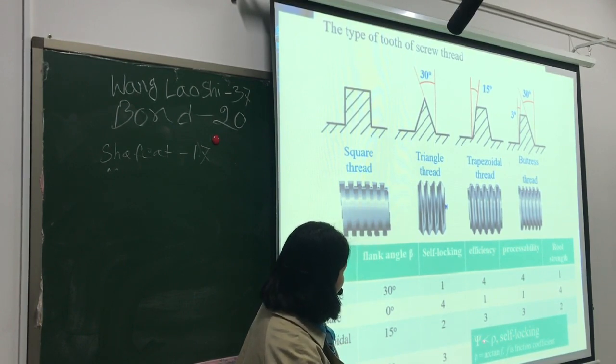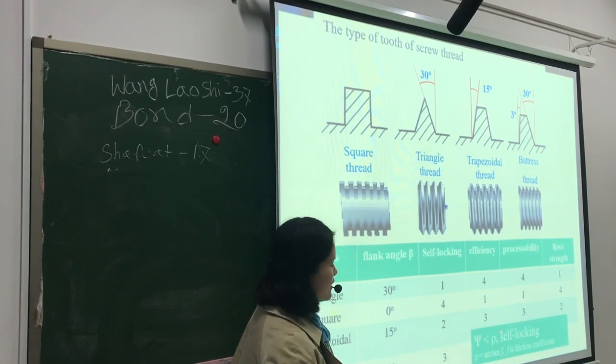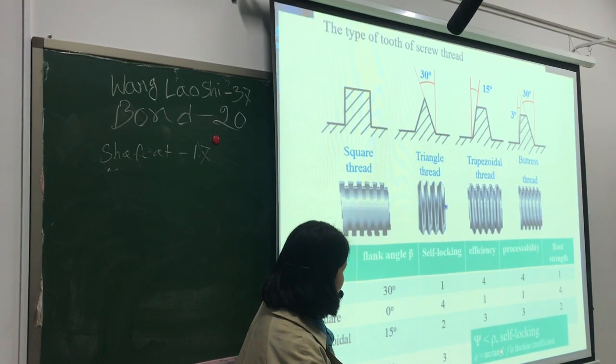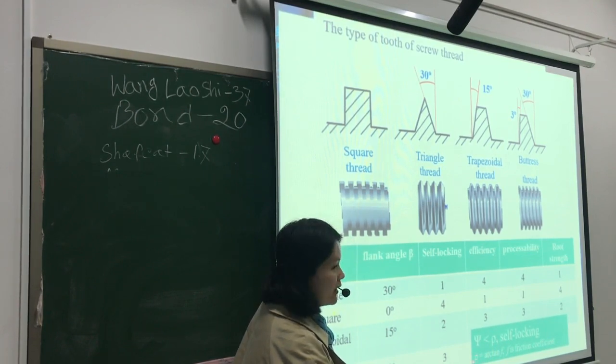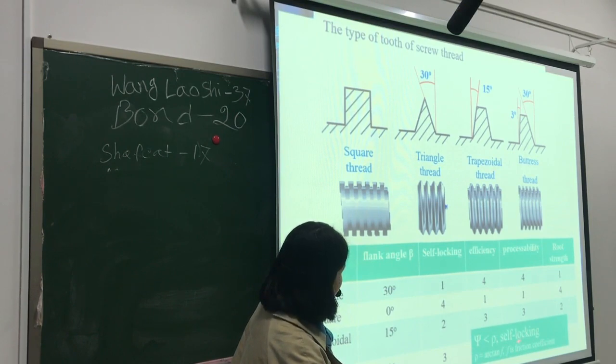When the lead angle psi is less than the angle rho, where rho is arctan f, f is the friction coefficient, and rho is the equivalent friction angle, the screw thread will self-lock.